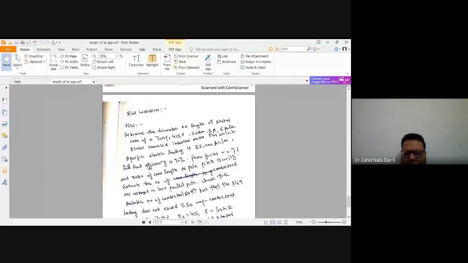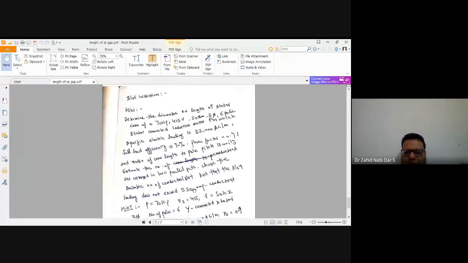So take this problem again, I will read it for you. You can write it down also. Determine the diameter and length of stator core of a 70 HP, 415 V, 50 hertz, three phase, six pole, star connected induction motor for which specific electrical loading is 32,000 ampere conductors per meter.